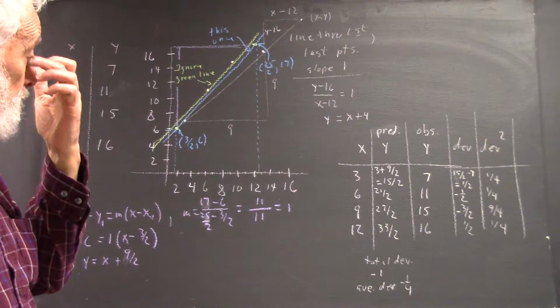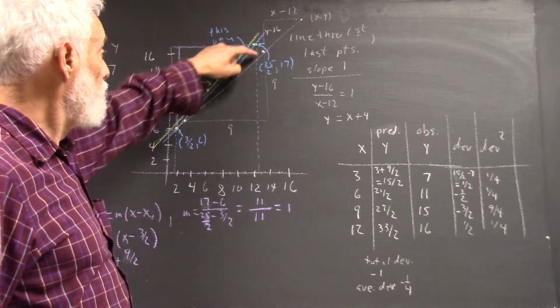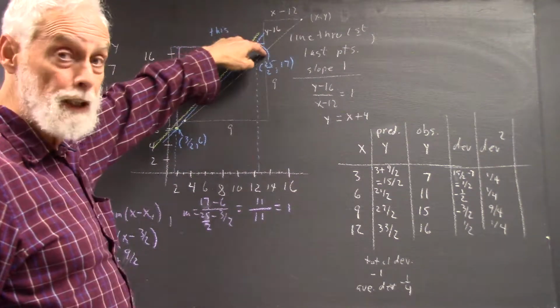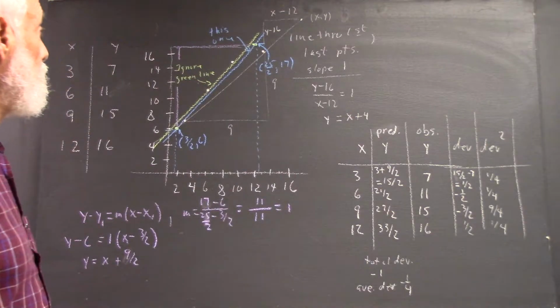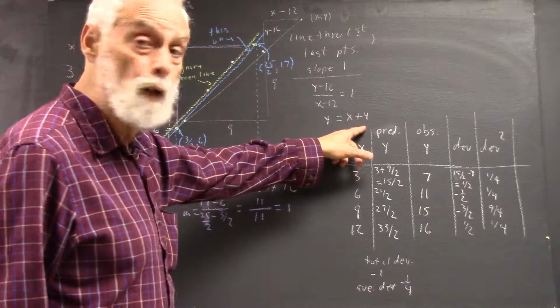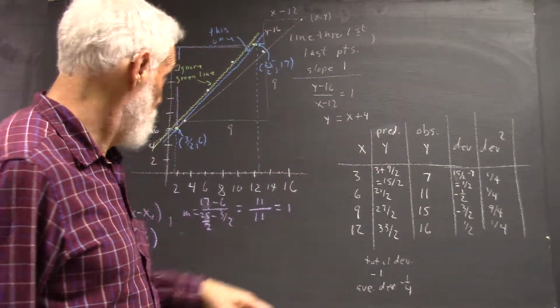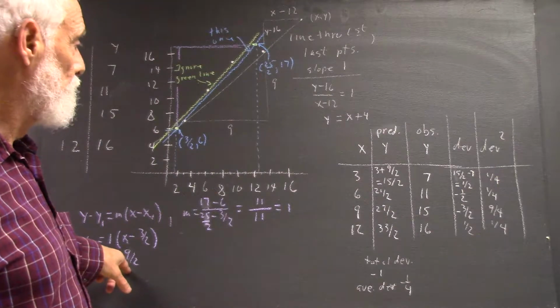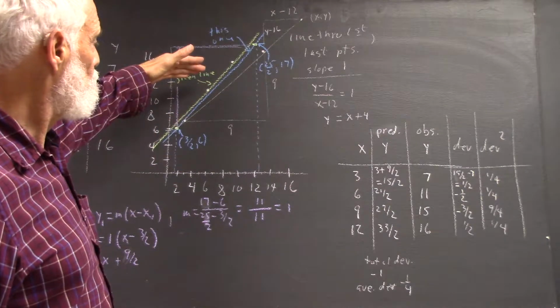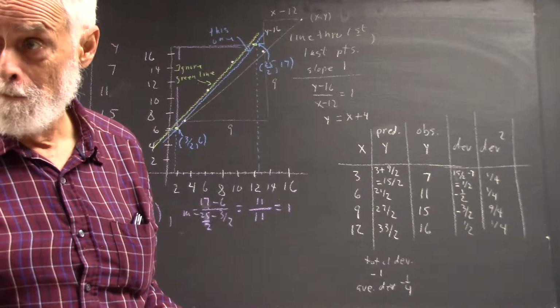Now I suspect that if you get the equation of the straight line through the first and last points, which is y equals x plus 4, okay? Well, 9 halves is 4.5. This line is just half a unit higher than this line, okay?